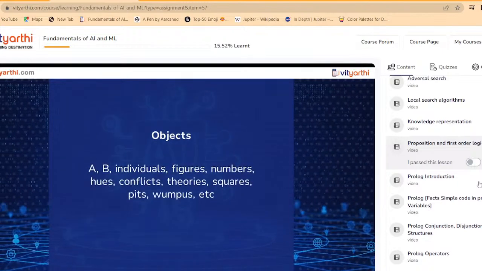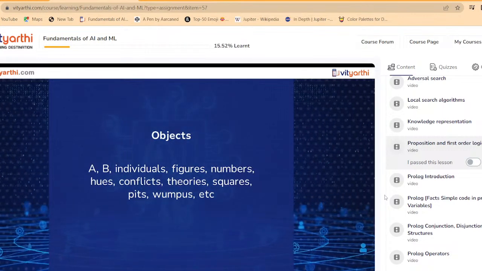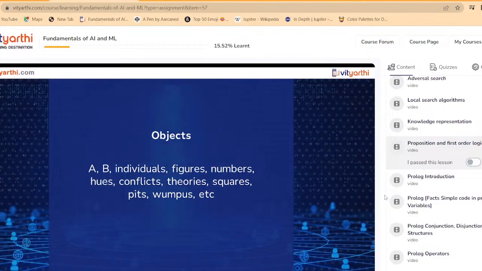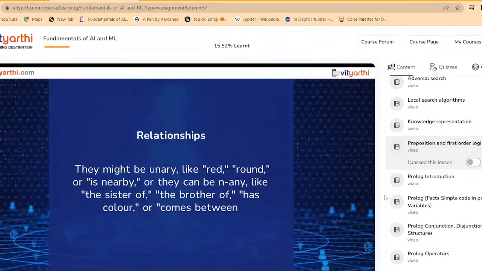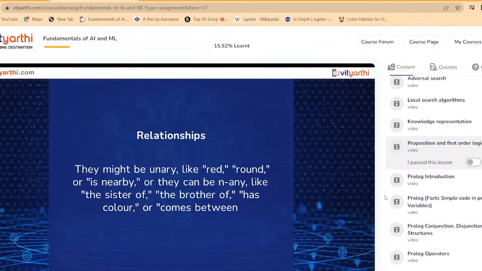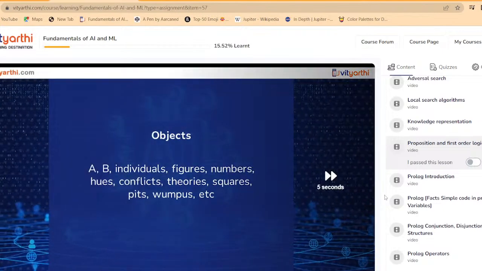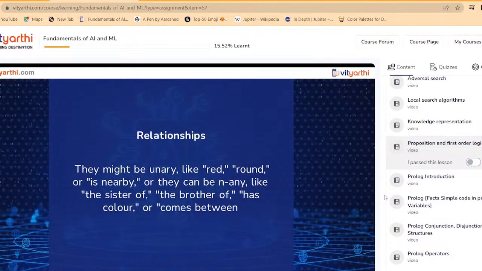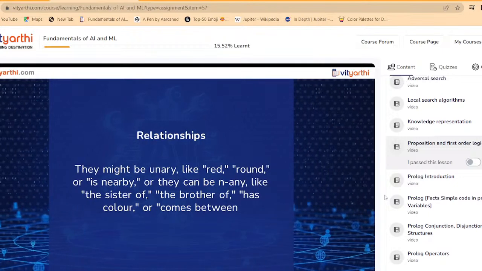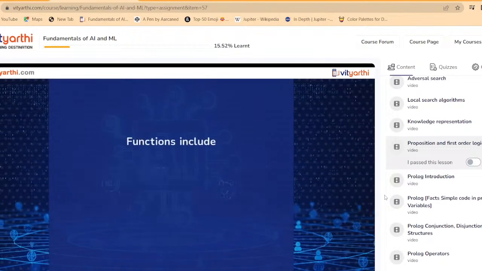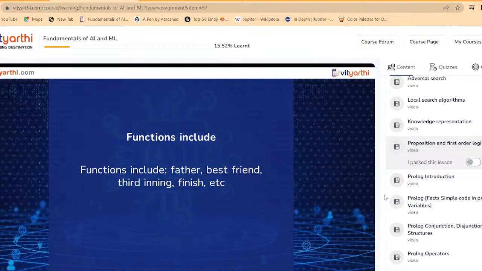Objects are like people, numbers, colors, squares, pits, theories and so on. Relationships might be unary, like red, round or nearby, or they can be n-ary, like sister of, brother of, has the color, or comes between. Functions include father of, best friend, third inning, and so on.